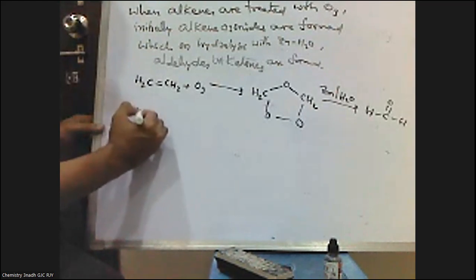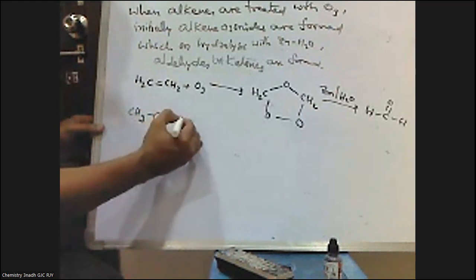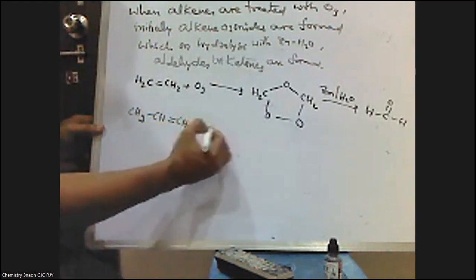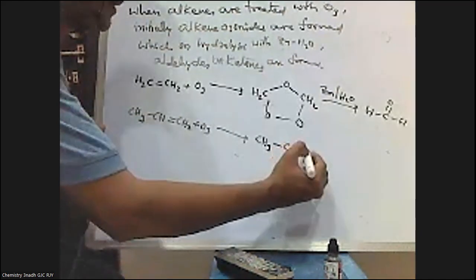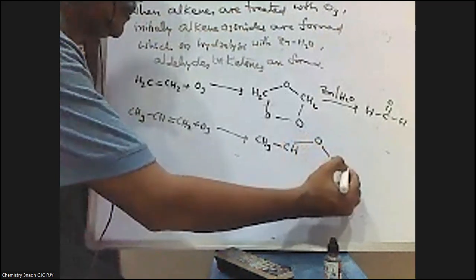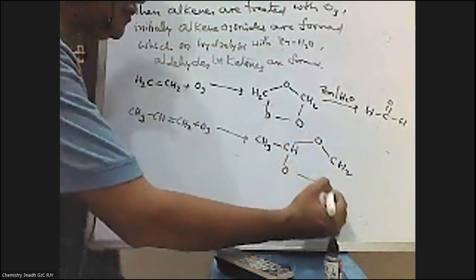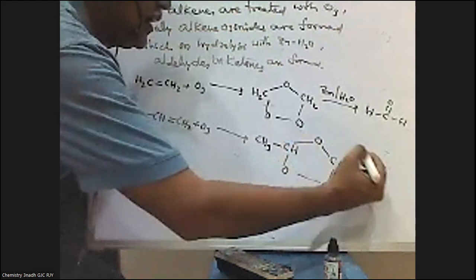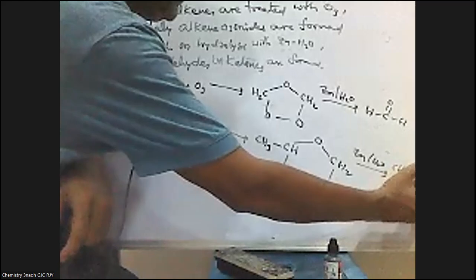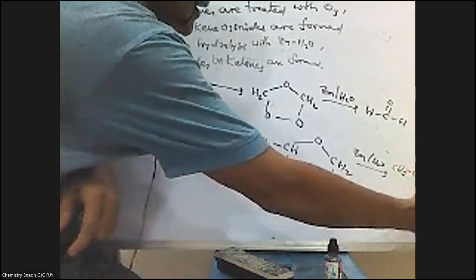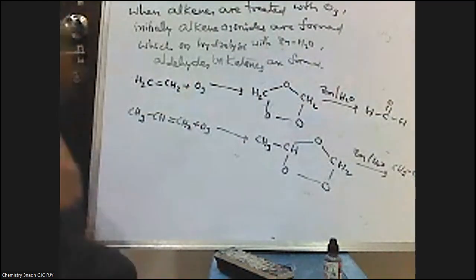If the same propene is treated, right, here in place of the carbon double bond, CH3. Then on hydrolysis, what we will get is 1 mole of acetaldehyde and 1 mole of formaldehyde.